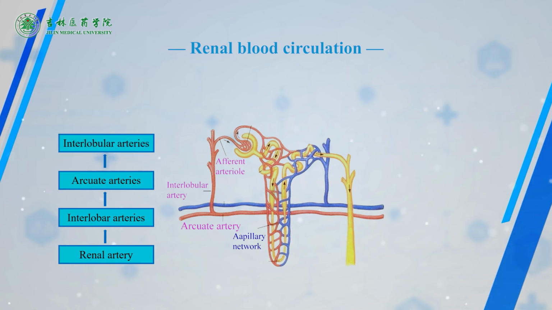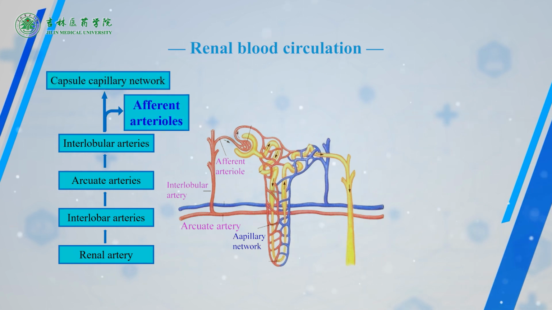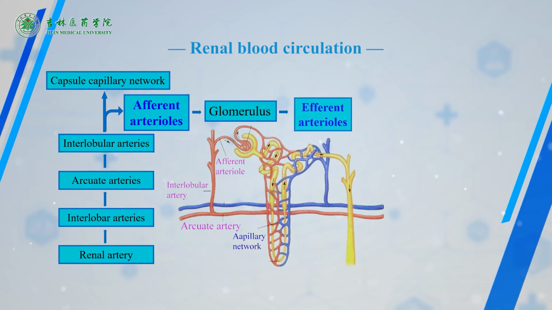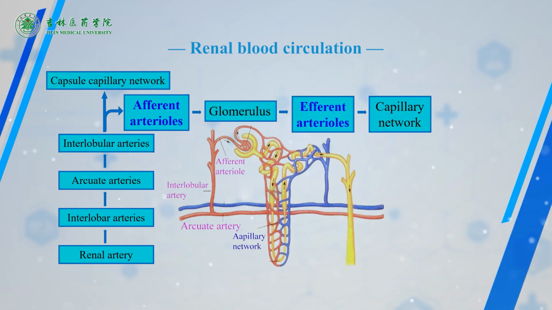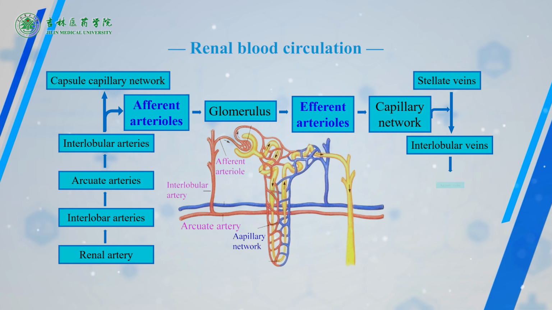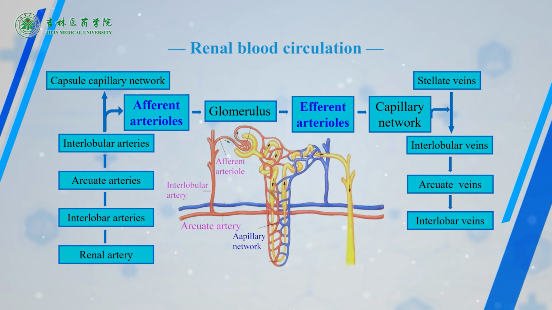Interlobular arteries branch off at right angles from the arcuate arteries. From the interlobular arteries arise the afferent arterioles. The afferent arterioles branch to form the peritubular capillary network. Then they empty into the interlobular veins, arcuate veins, interlobar veins, and renal veins.